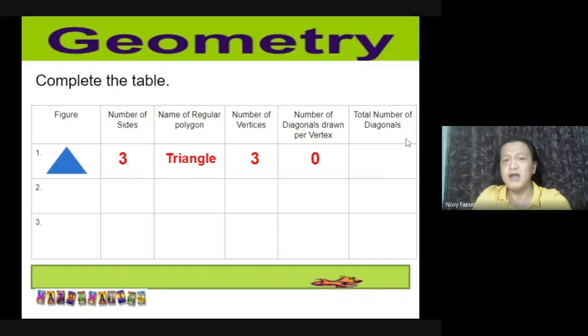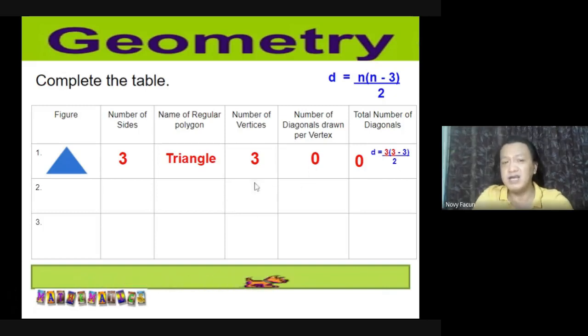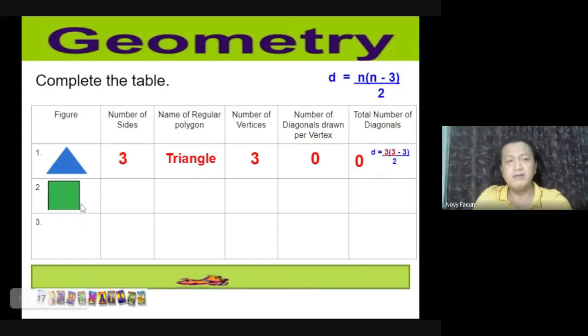Dito naman, total number of diagonals, syempre, kapag sinubstitute natin yung 3 natin, 3 minus 3, 0 yon. Times 3, 0. Divide by 2, 0. Kaya 0 na siya. Kaya that is our answer, 0. Or simply, ang technique dyan, 3 times 0, 0. Yun yung technique.